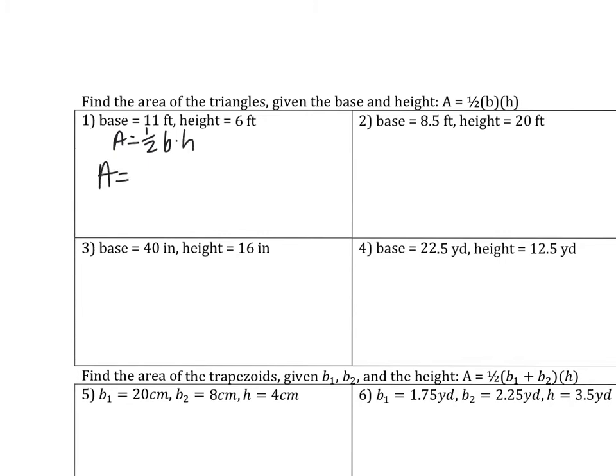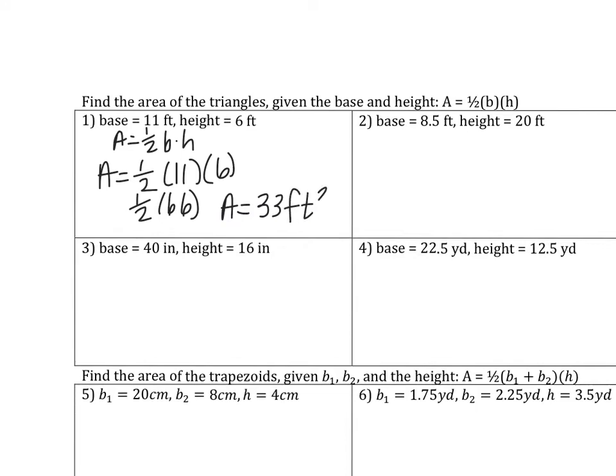Area equals half, base is 11, height is 6. So that's going to be half of 66. So area equals 33 feet squared.